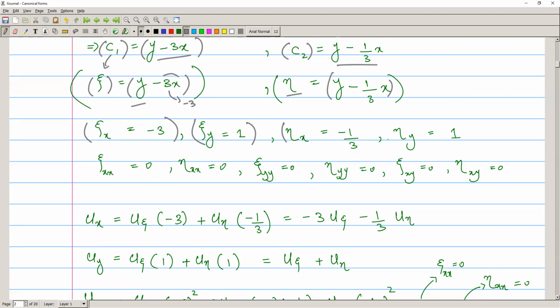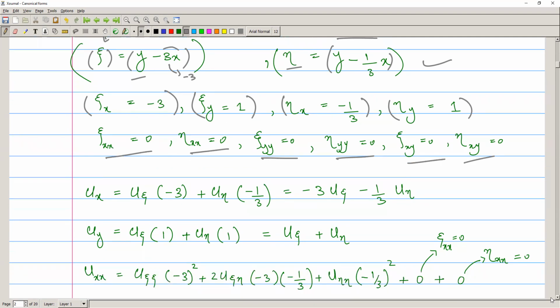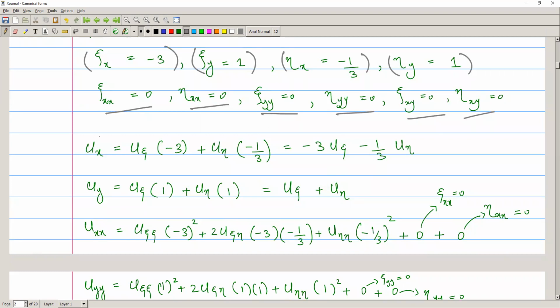Similarly, for eta x, when we differentiate this function with respect to x, we will get minus 1/3. And when we differentiate with respect to y, we will get 1. Similarly, psi xx will be 0, because we are differentiating a constant, so this will become 0 again. Eta xx will be 0 again, because eta x is constant. Psi yy will be 0, because psi y is a constant. Similarly, eta yy and all these will become 0, because we are differentiating constant functions.